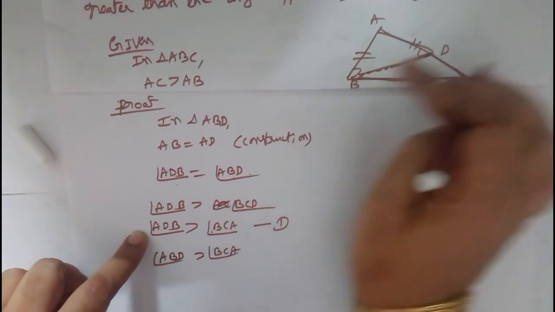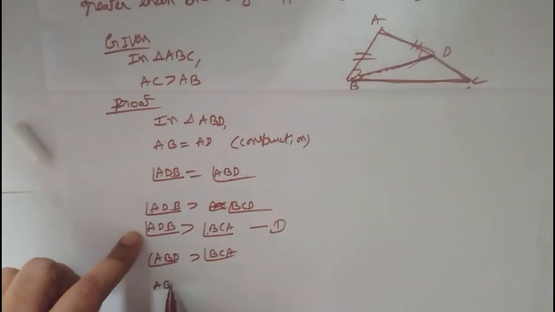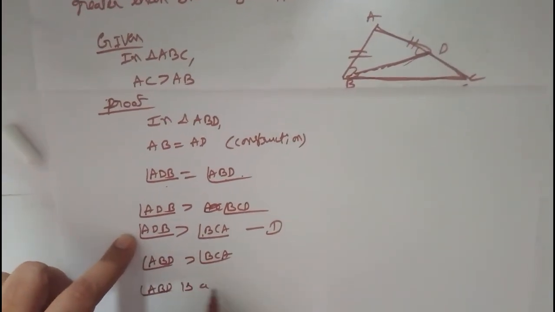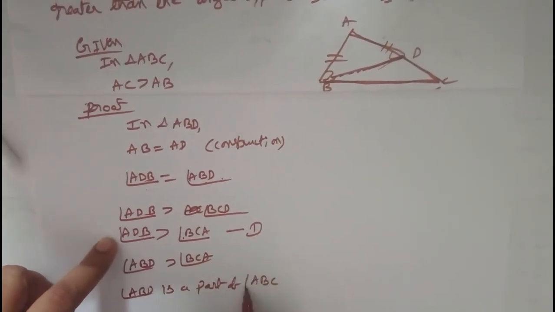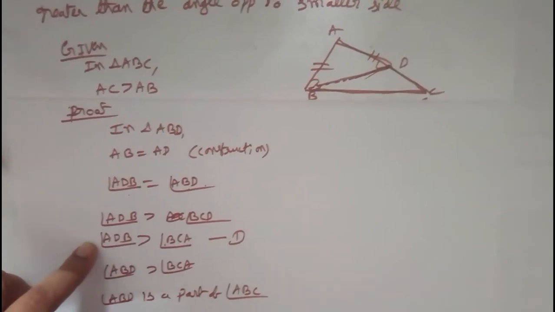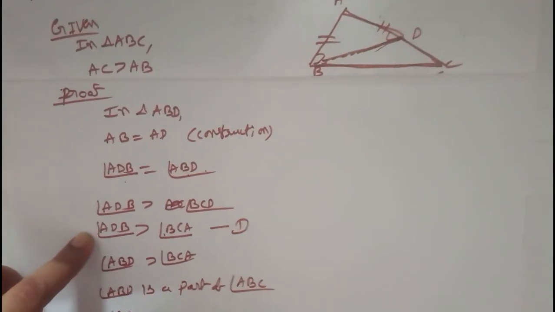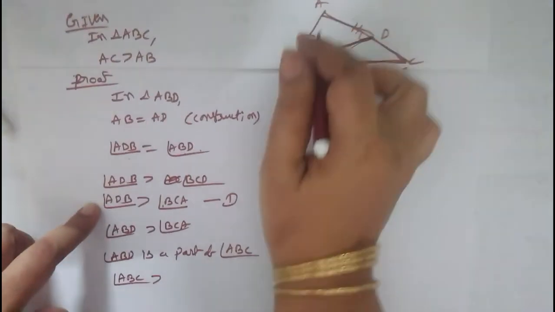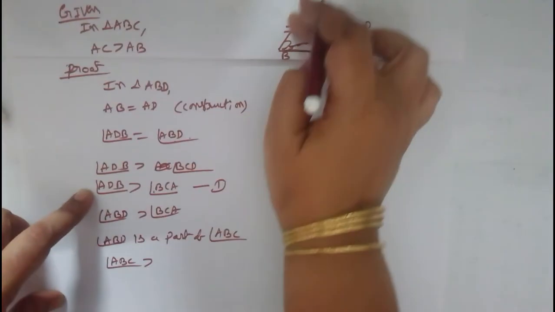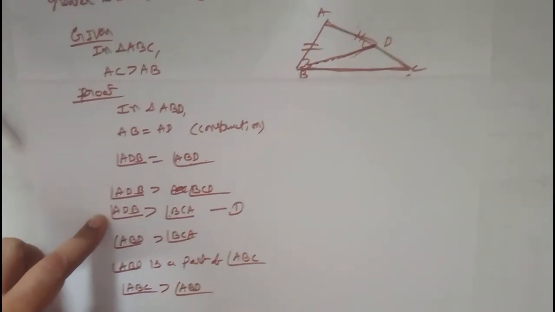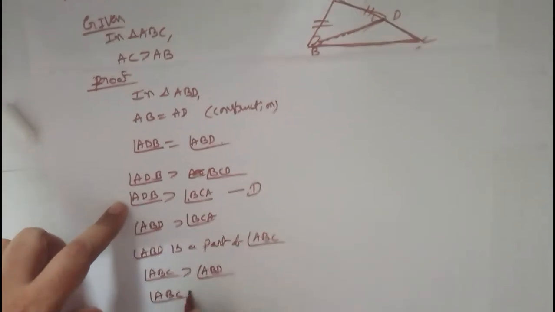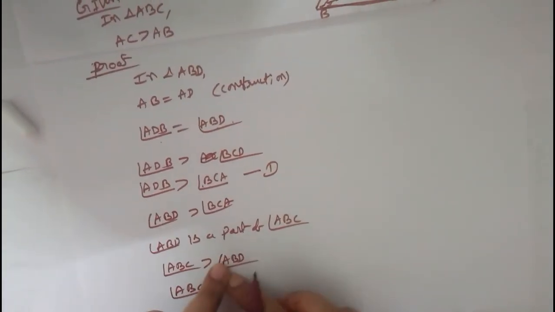But ABD is a part of angle ABC. So angle ABC is greater than angle ABD, but ABD is greater than BCA.